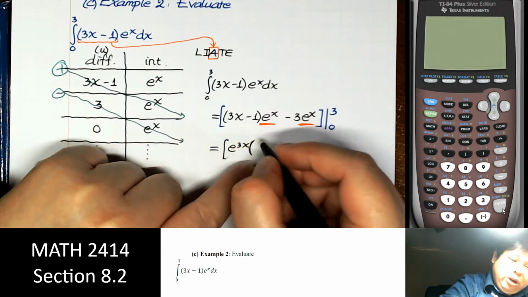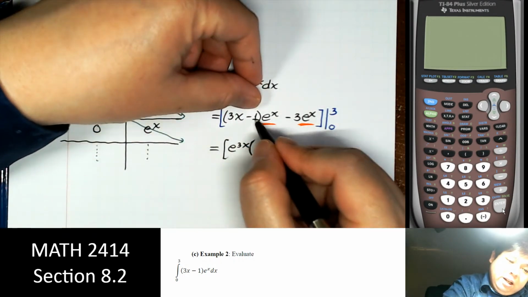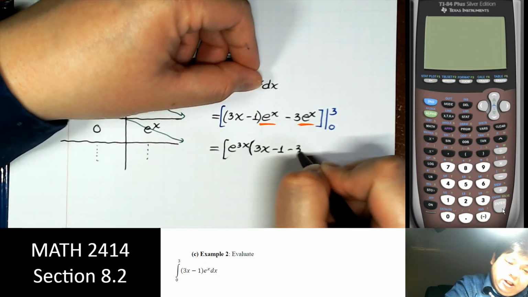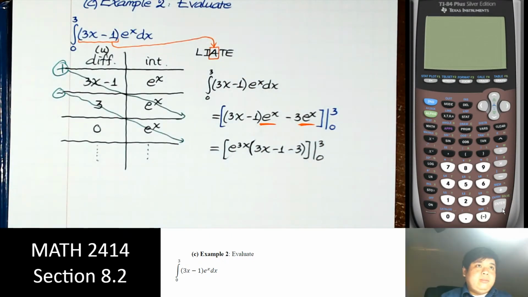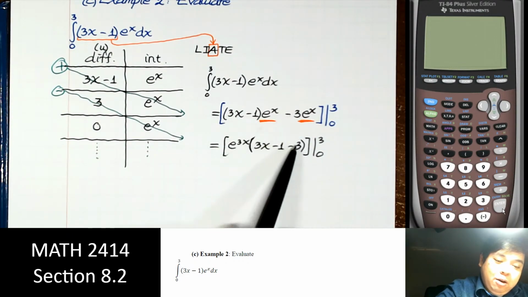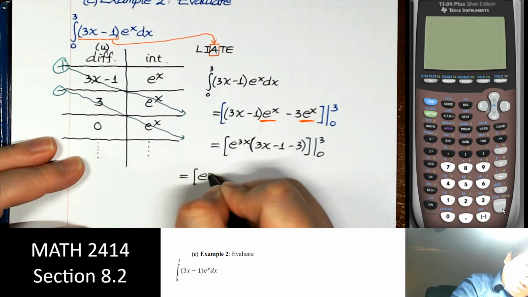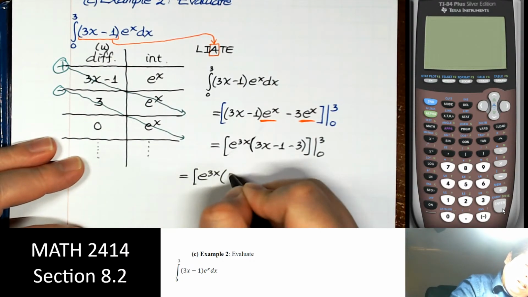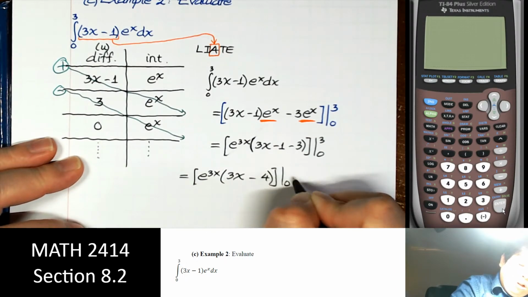We have 3x minus 1 and then minus 3. Factor out e to the x, we have 3x minus 1 minus 3, which is e to the x times 3x minus 4, going from 0 to 3.